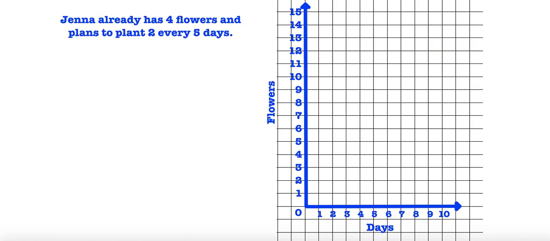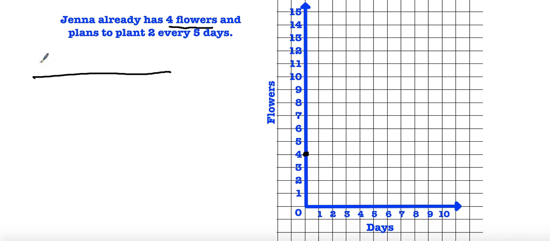Here we have Jenna has 4 flowers and plans to plant 2 every 5 days. So she already has 4 flowers, so that's what I'm going to start off with. So before any days passed, she has 4 and plans to plant 2 every 5 days.